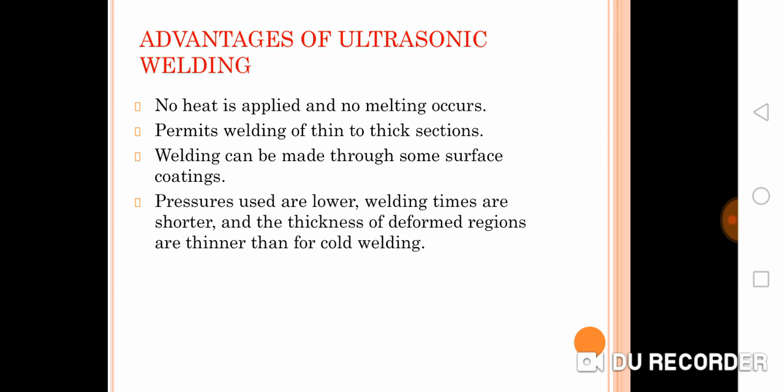Comparatively, it is used for thin, but you can go for some thick sections also. Even though some surface coatings are there in the material, you can still perform the welding operation. That is one of the main advantages. The surface coating is not a problem in the case of ultrasonic welding. And you can complete the welding in seconds in the case of the ultrasonic welding process.